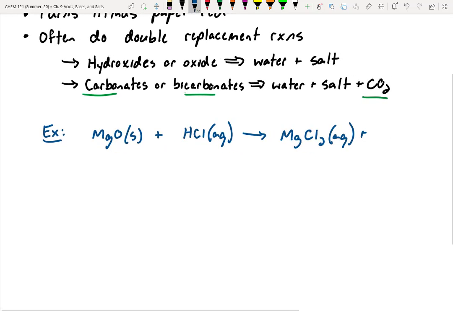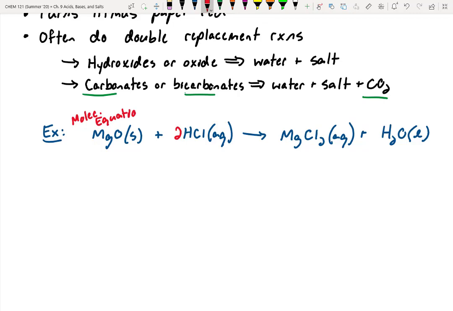And then we are going to get water, which is a liquid. So we need to double check that everything's balanced. We need 2 HCl over here in order to make sure that we've got an equivalent number of atoms on each side. So what this is called is the molecular equation.